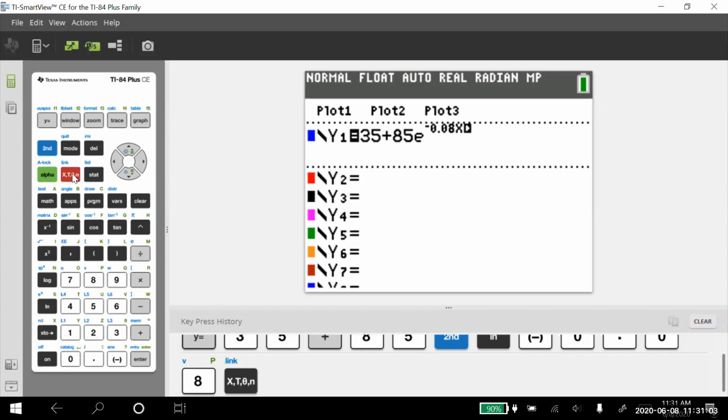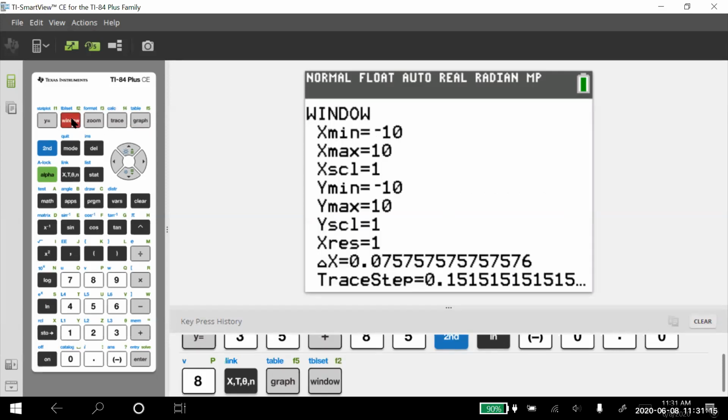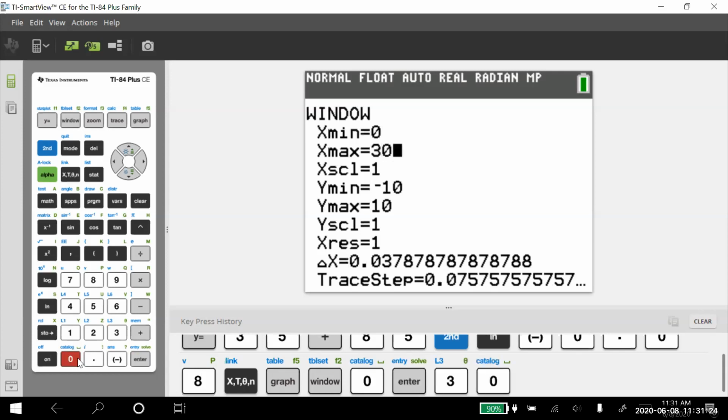So there's my formula. I'm going to graph it, and notice if I hit graph, I don't see anything, and it's not where it wants it to be. So what I'm going to do is go change my window. And it says graph from 0 to 30. So my minimum will be 0. My maximum will be 30. I'll leave my scale at 1. And for my y values, I'm going to start at 0.